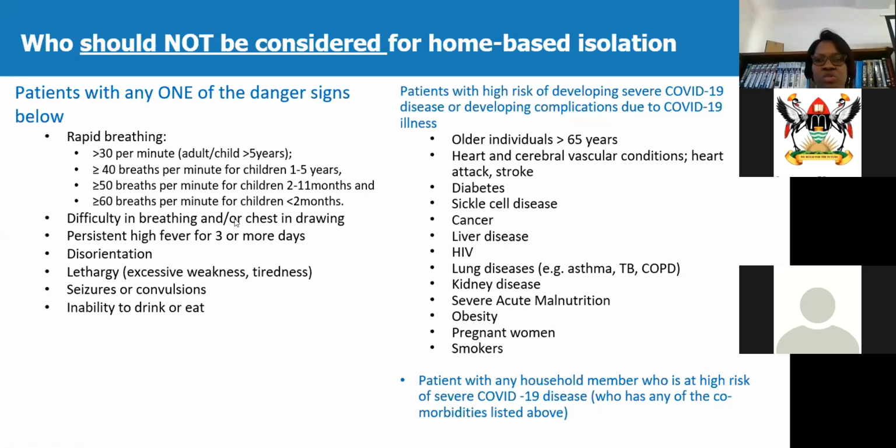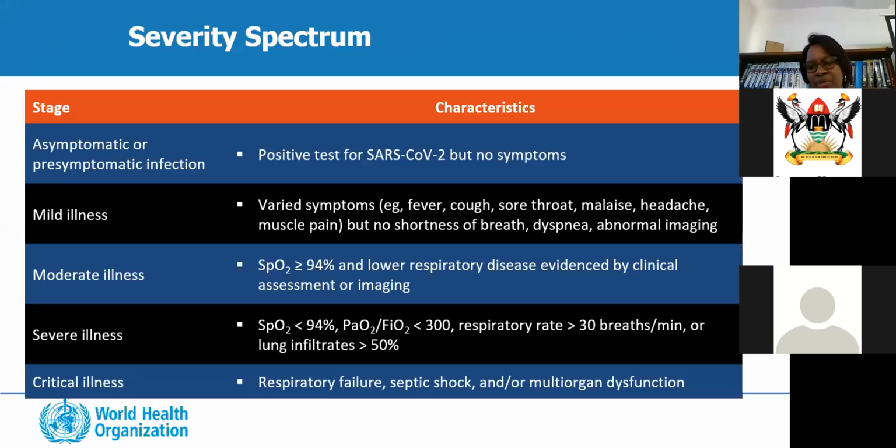Then here I just put back the risk groups, patients at high risk for severe COVID-19, so I will not repeat them. Any patient with an individual in the household who is at high risk for severe COVID-19, or who has any of the comorbidities listed above, should also probably not go into home-based care, because you're putting that household member at very high risk for severe disease.